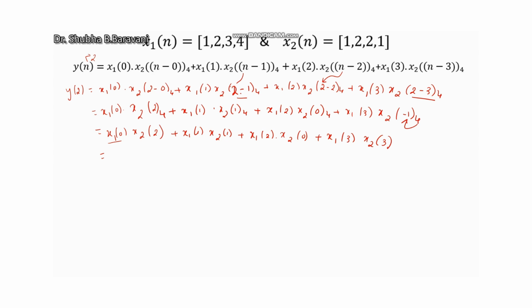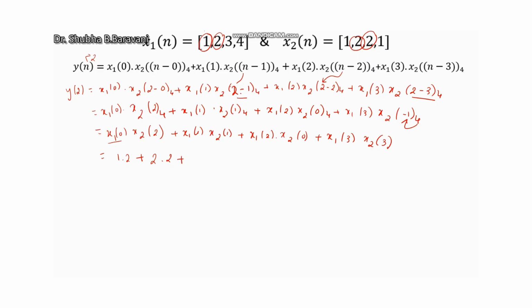x1 of 0. See, x1 of 0 is 1 and x2 of 2. This x2 of 0, x2 of 1, x2 of 2 is 2. Plus x1 of 1 is 2 into x2 of 1 is 2.